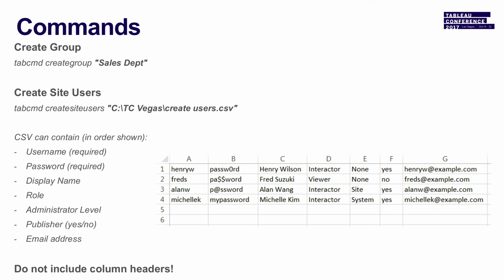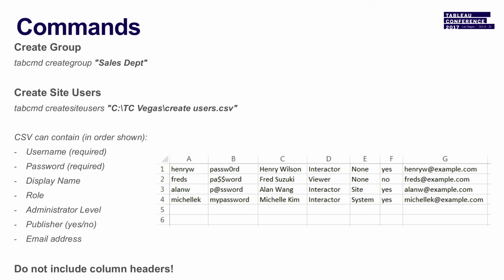So in the CSV, there are a number of things that you can specify about each user. So of course, username and password. There will be a unique username for each user. You can specify their display name, their role, so everything from interactive viewer to site administrator, whether they have administrator level, whether they can publish, and their email address in case you want to use subscriptions.